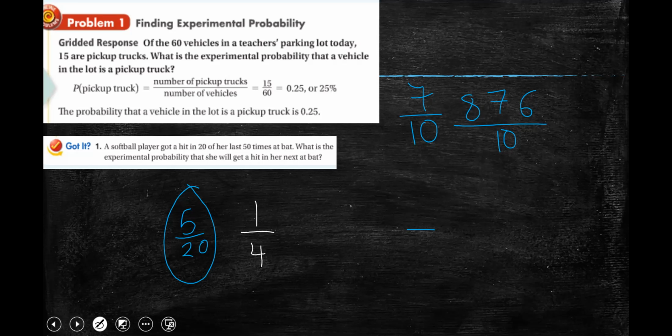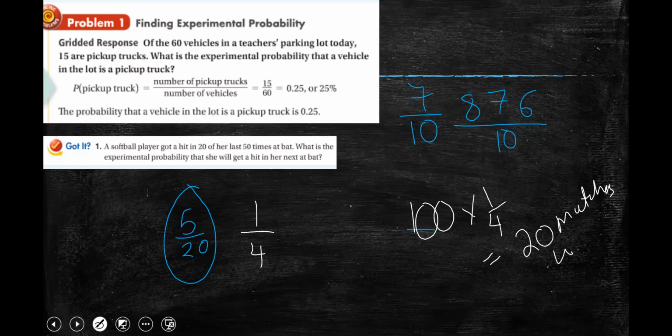If they play 100 matches, multiplying by the probability of winning, they can expect 25 wins.